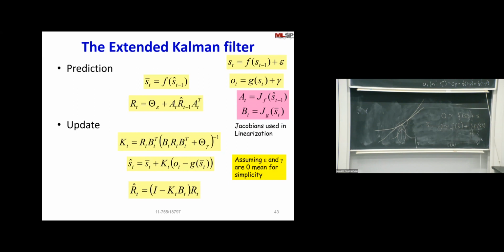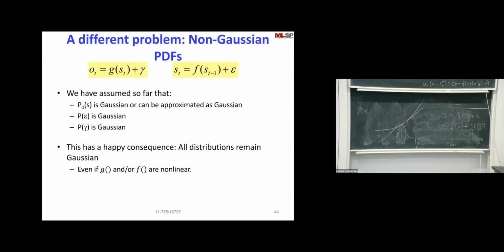If I assume that the noise distributions are not zero mean, you know how to correct for it. Would you know how to correct for it if these distributions were not Gaussian? You don't. Okay. So that's going to be the next problem that we will deal with.